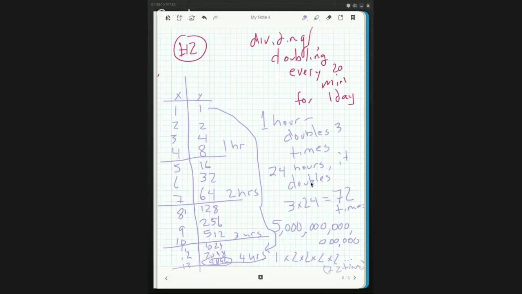And see what your calculator tells you. It's probably going to be a giant number, and I think that it actually could be pretty reasonable. But I want you to tell me what your calculator says after 72 times.